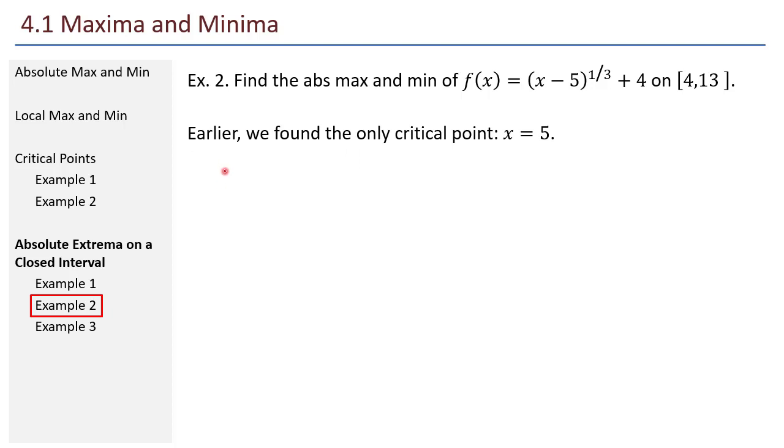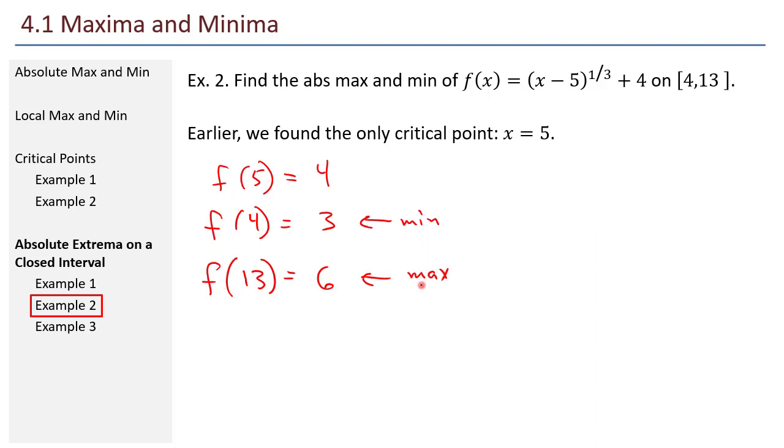So I need to figure out f of 5, and I will also figure out f of 4, and f of 13. The absolute max that this function attains on the interval from 4 to 13 is 6. The absolute min is 3. Last example.